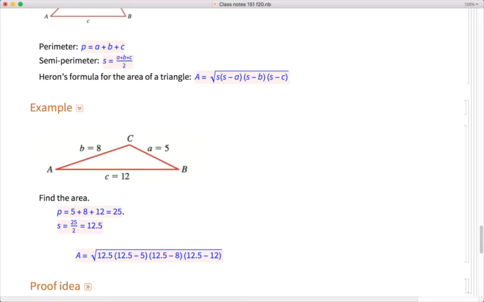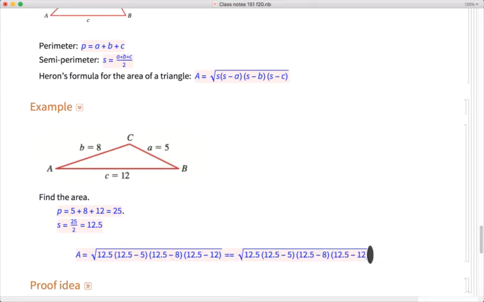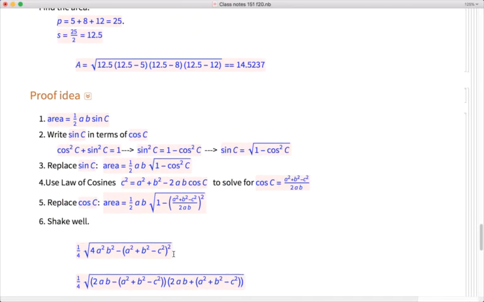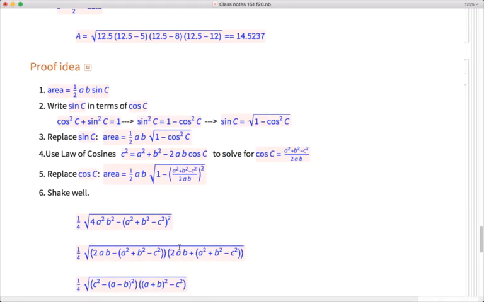Hopefully I got all that typed in right. And going to a calculator for this. One more try. Come on, there we go. Boom. This triangle has area 14.5237.